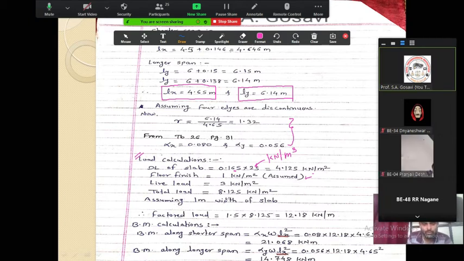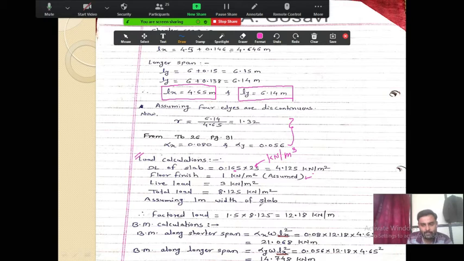Now assuming 1 meter width of the slab, this we always do, if I multiply this total load by 1, then I will get the UDL in kilonewton per meter. Now the factored load is calculated.